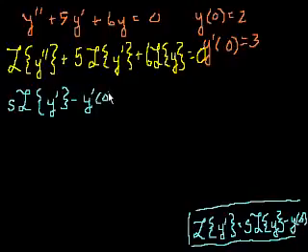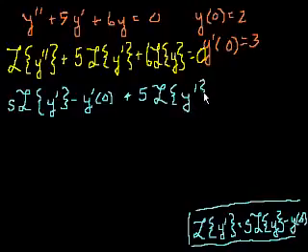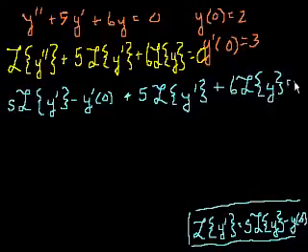Notice we're already using our initial conditions. I won't substitute it just yet. And then we end up with plus 5 times the Laplace transform of y prime plus 6 times the Laplace transform of y. All of that is equal to 0.